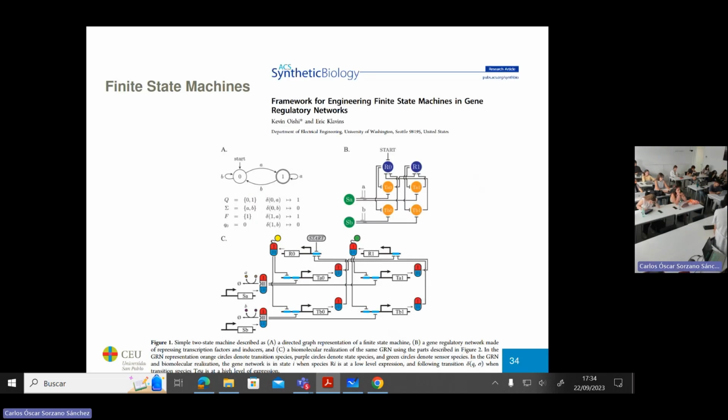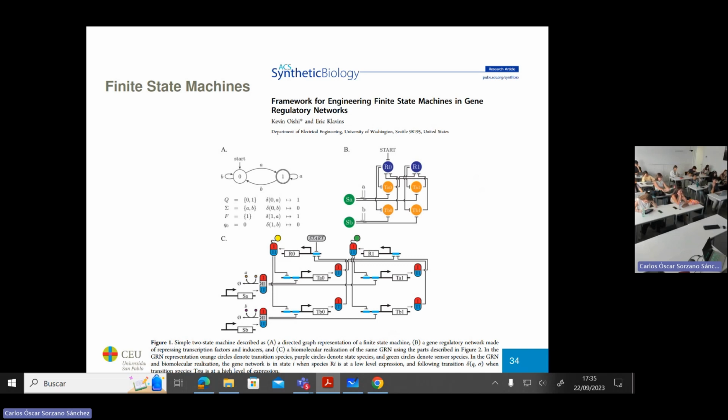And we can also define finite state machines for systems biology. So you have a network, a set of genes and proteins and this stuff. The state is defined by the concentration of each one of the proteins you are looking at, or the gene expression levels.